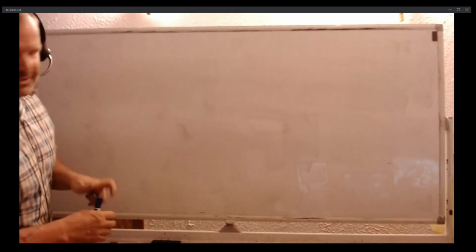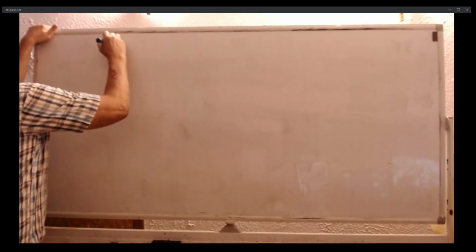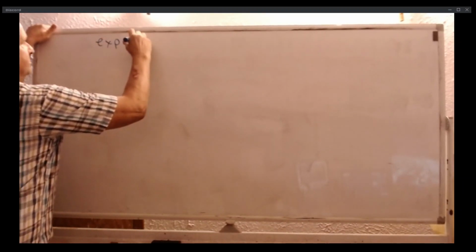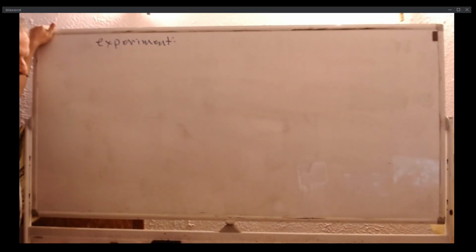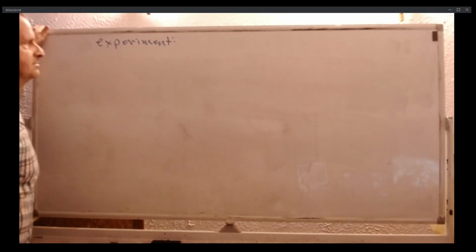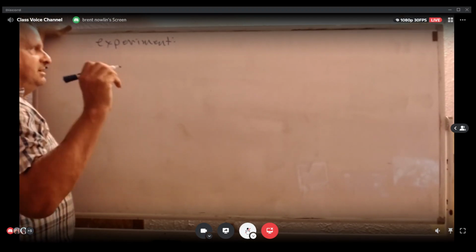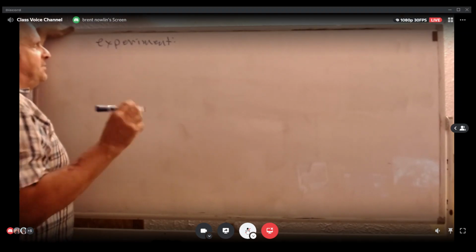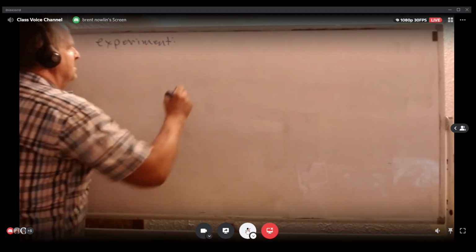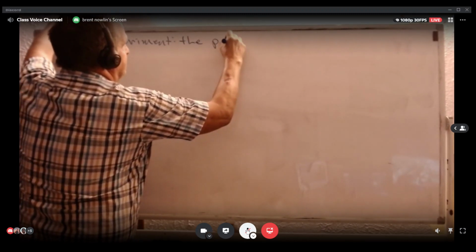Okay. Couple more definitions for you. An experiment in statistics is different than what you're used to. Well, maybe it's the same. I guess on its face it's the same. An experiment is the process of gathering data.